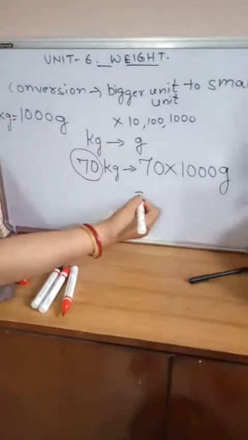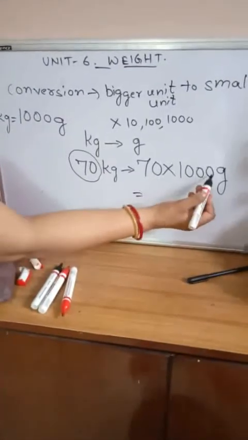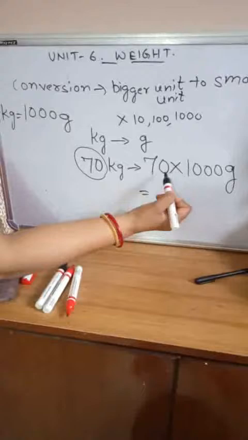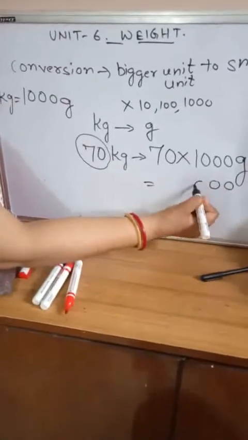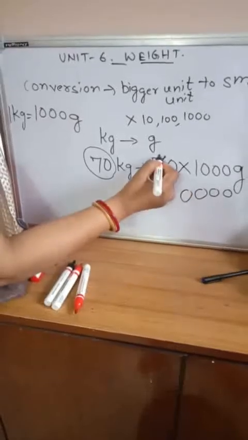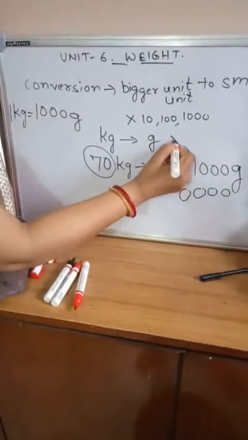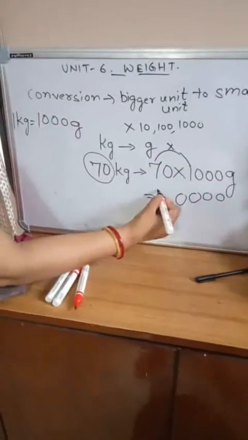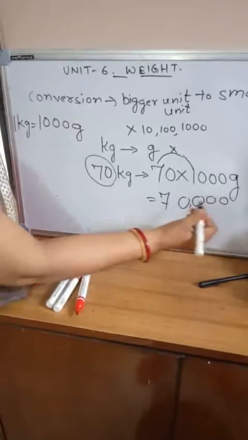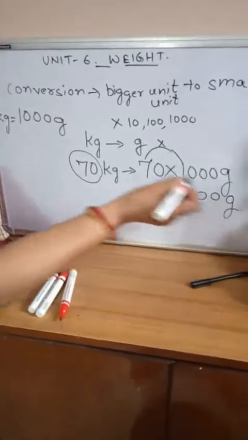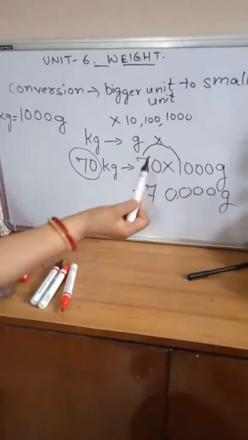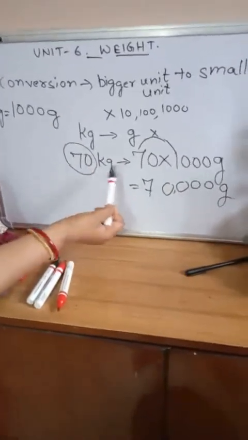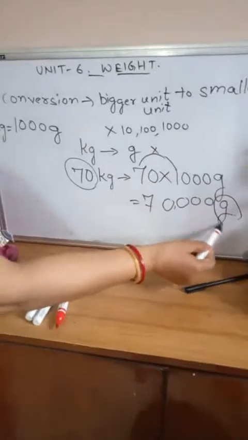After multiplying, how many zeros are there? 1, 2, 3, 4. So count the zeros from right to left, 1, 2, 3, 4. And then multiply the digits 7 and 1. So 1 times 7 is 7. So the answer is 70,000 gram. So the number of kilogram will be multiplied by 1000, and then the kilogram will be converted into gram.